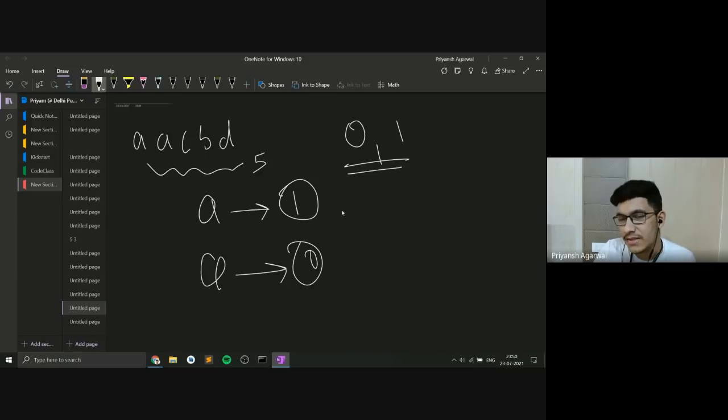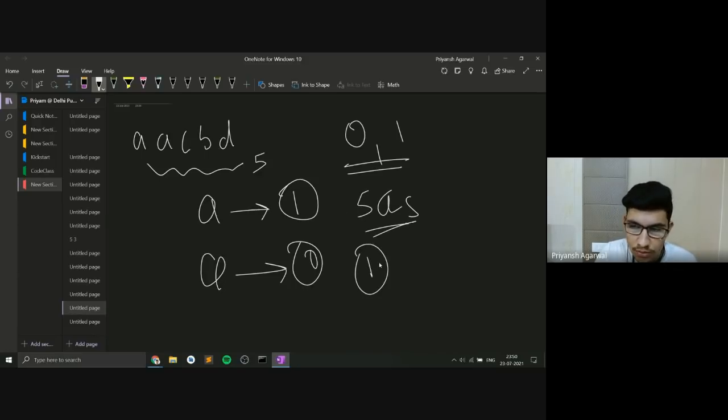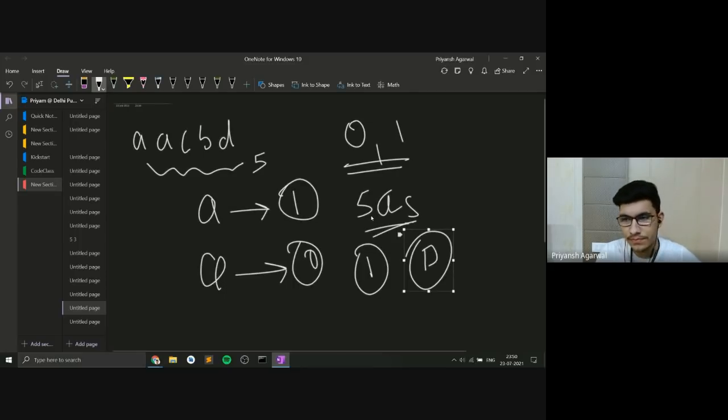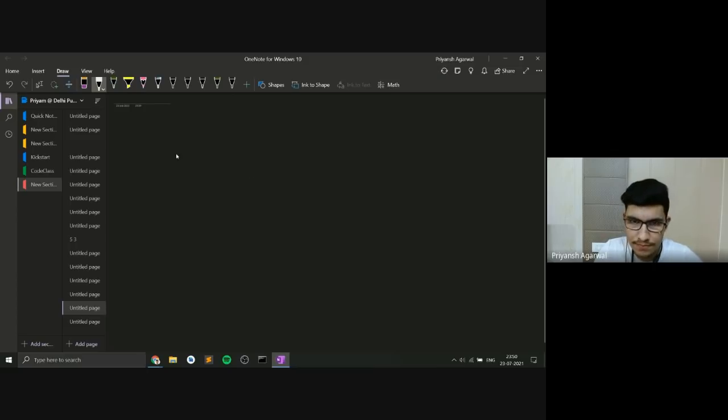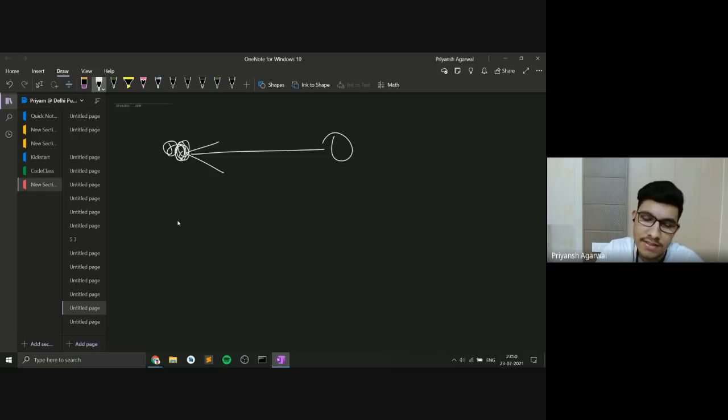So if you have, let's say, 5 A's, you can only color 2 of them. While coloring 2 of them, one of them has to be 0 and one has to be 1. Apart from that, you need to form pairs. If you color one character with 0, you need to pick another character and color it with 1.